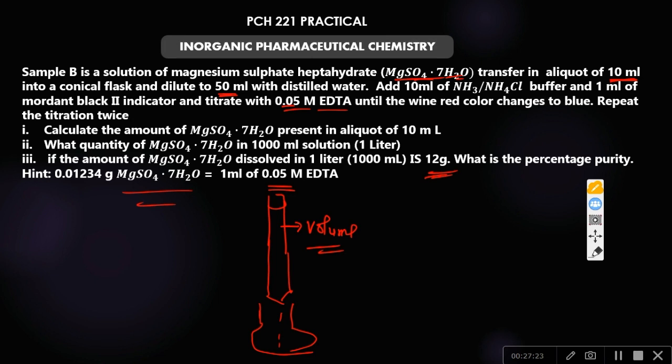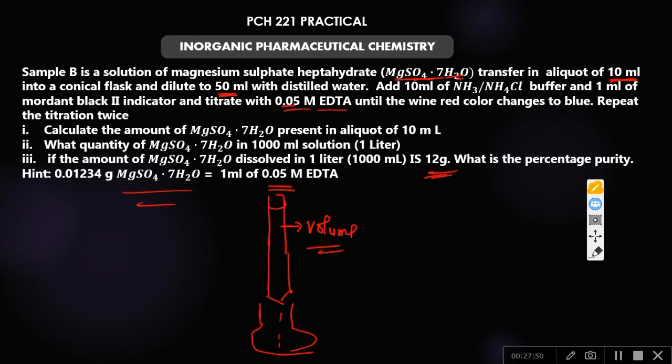Now, 1A is standardization of EDTA using zinc sulfate heptahydrate. That is the title of the first one. That is the title of the experiment, not complexometric titration.